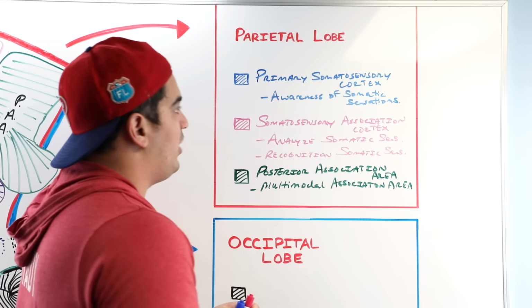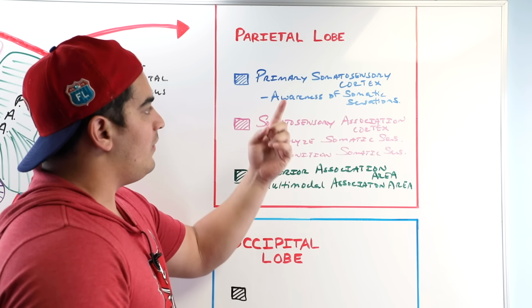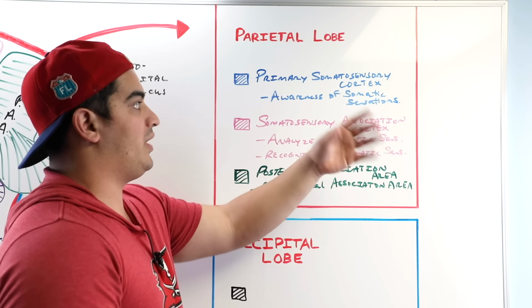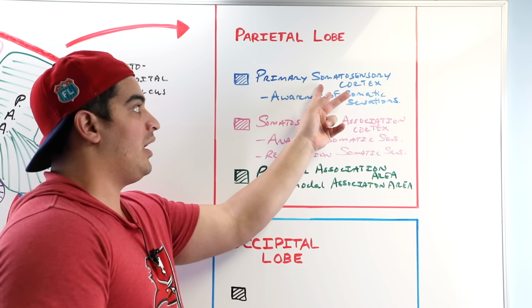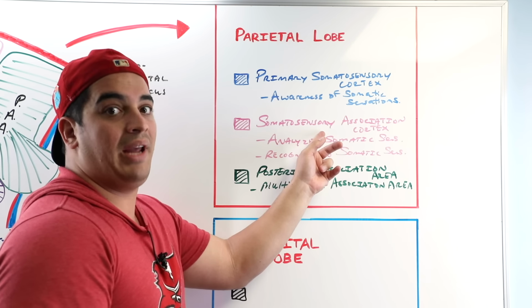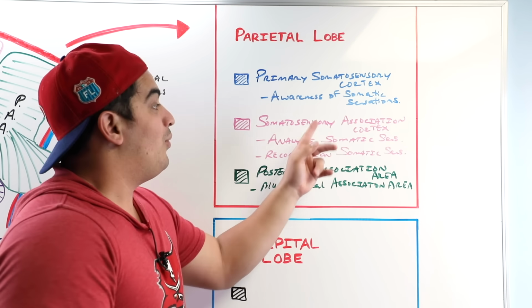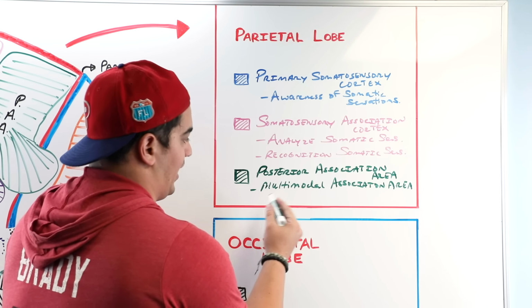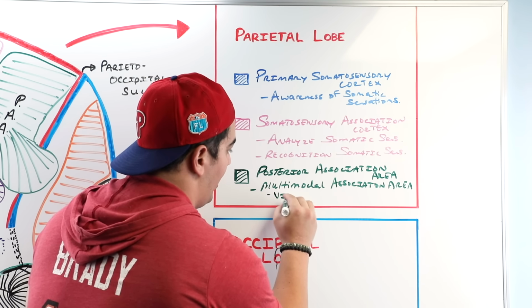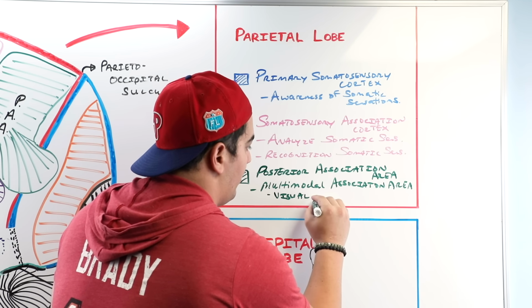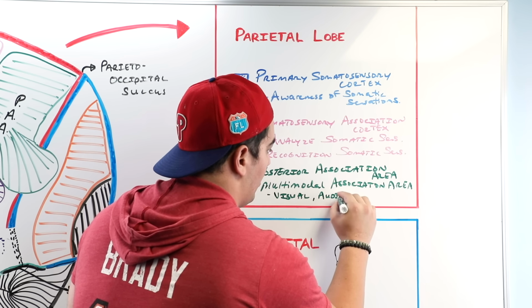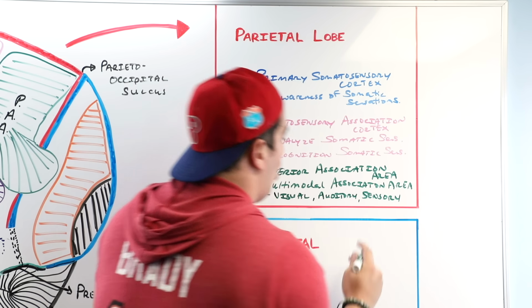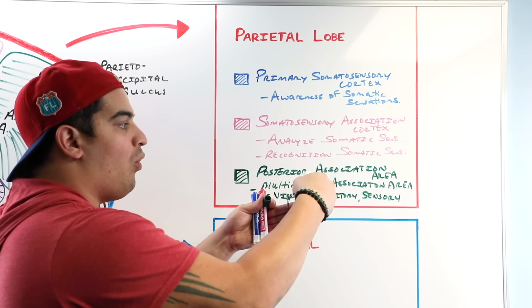All right, you guys have noticed a trend here: you have a sensation. Let's take for example the somatosensory cortex. The somatic sensations go to this area. Then they go to an association cortex to be analyzed and recognized. Well, guess what? The association cortexes from your visual pathway, your auditory pathway, and your sensory pathways all coalesce into one area.